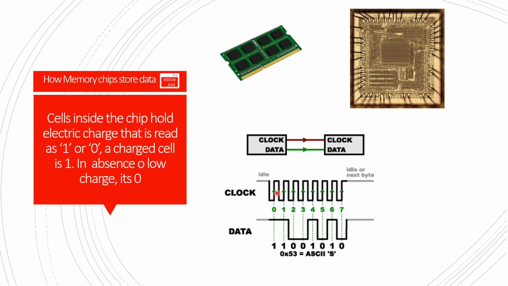This is a way of synchronizing this data transfer. Now, let's make a mock of this data transfer. We are sending the letter S, as I told you, and it equates to 8 bits.